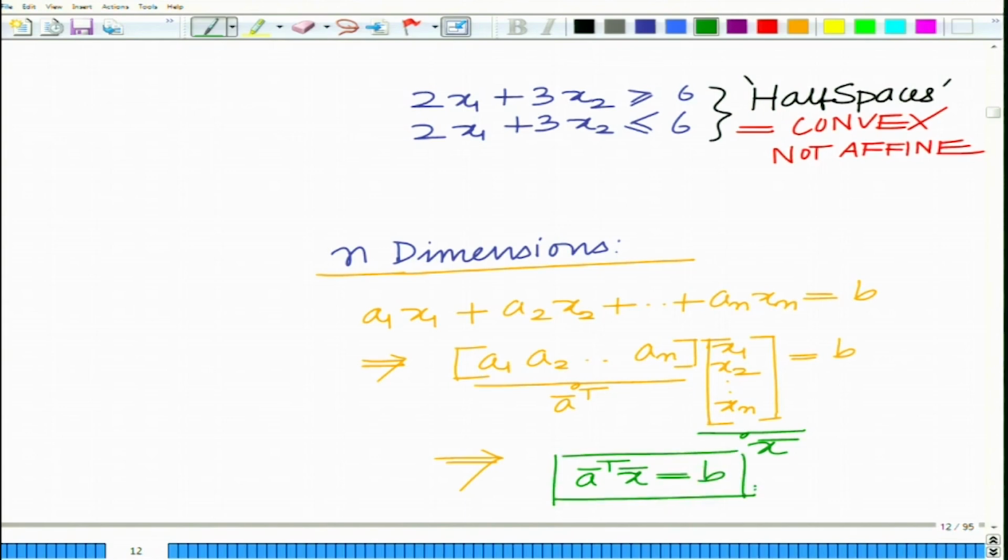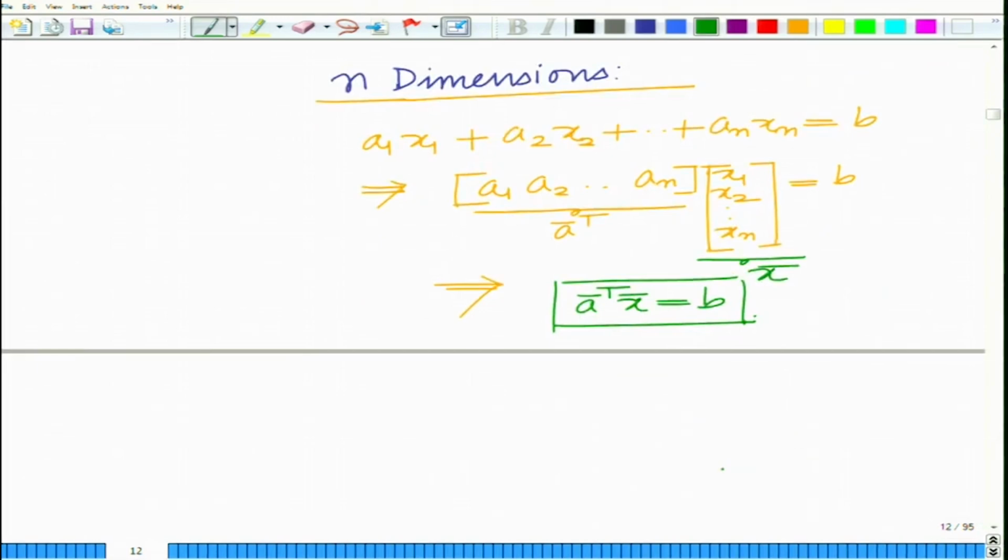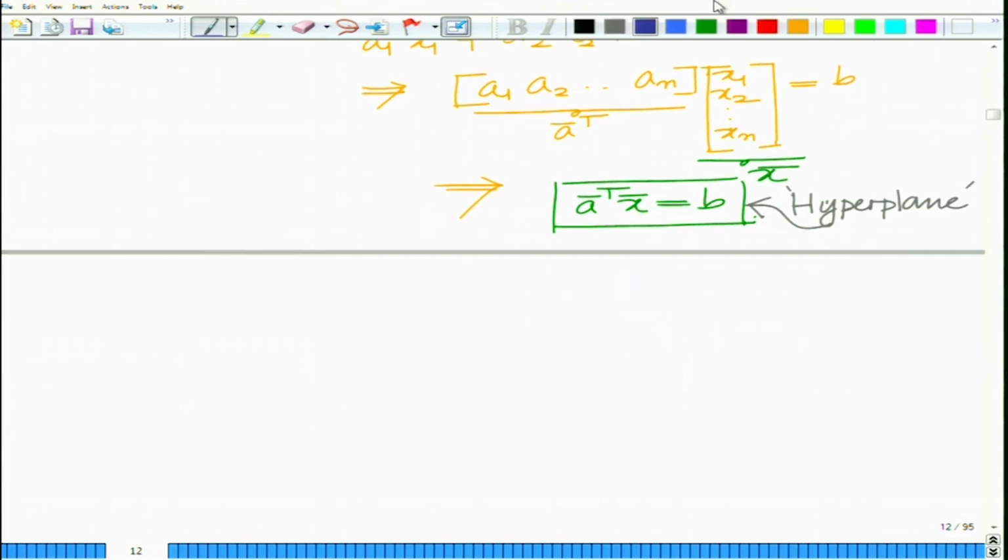And this equation in n dimensions represents what is known as a hyperplane, okay. So, a bar transpose x bar equals b is a general equation for a hyperplane.